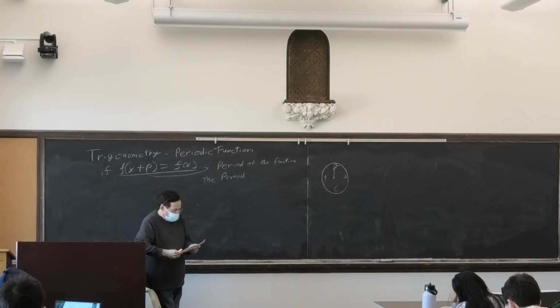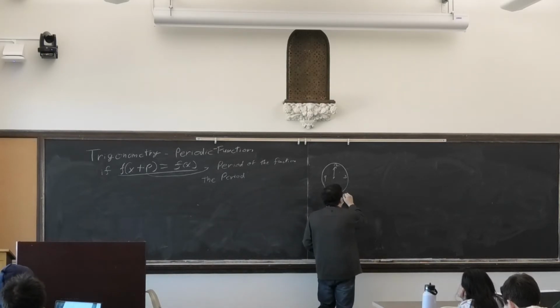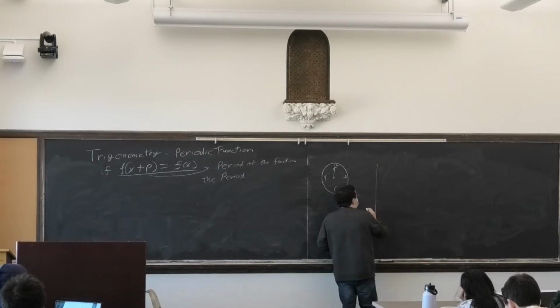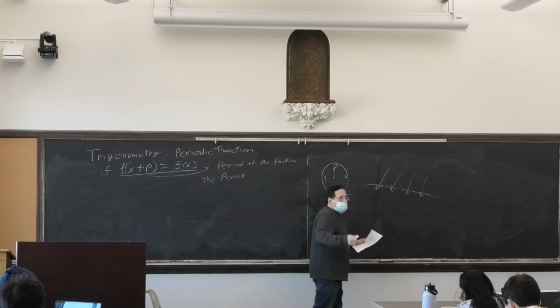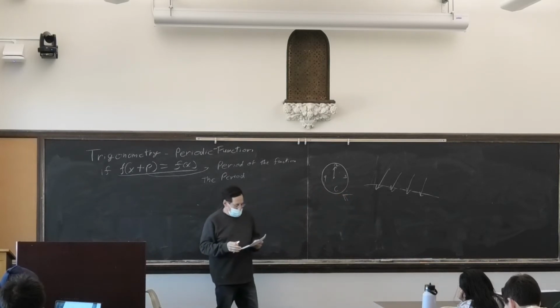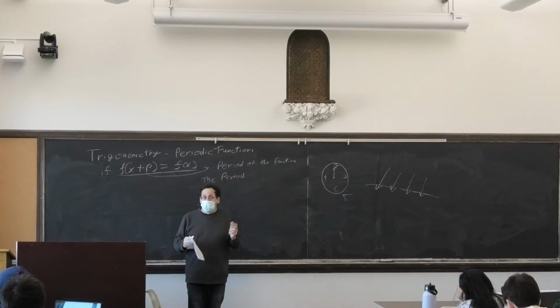So what are some examples? I mentioned the clock. You go down to the beach, you watch the water come in and out. You have high tide and low tide. That's a periodic function. You look up in the sky and you look at the sun.